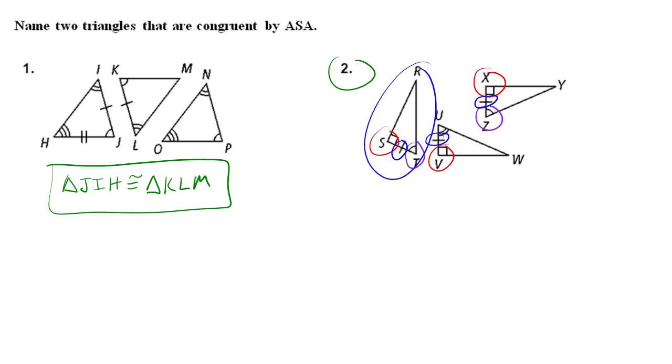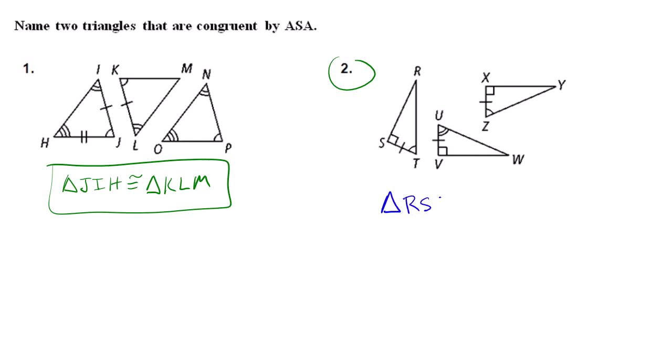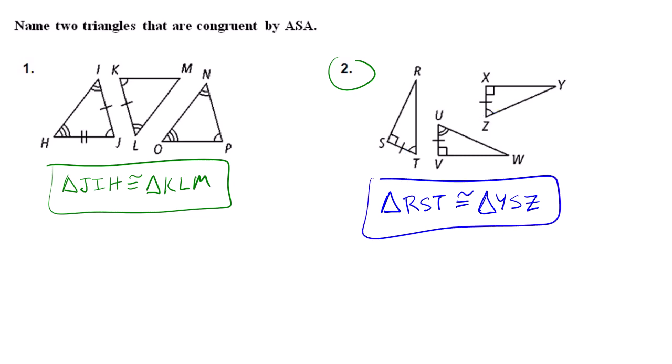But this triangle and this triangle are congruent. So we can say that triangle RST is congruent with triangle, and then I need to correspond here. R is the angle that we don't have information on, so that goes with angle Y, and then S goes with X, and then Z goes with T. So we can say these are congruent, but not this triangle.